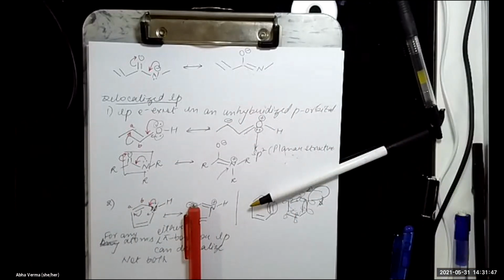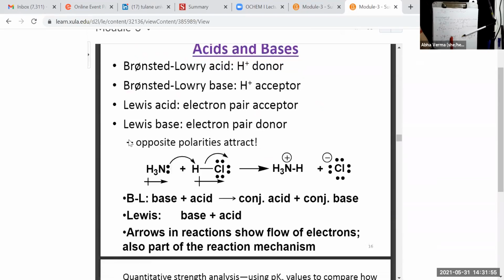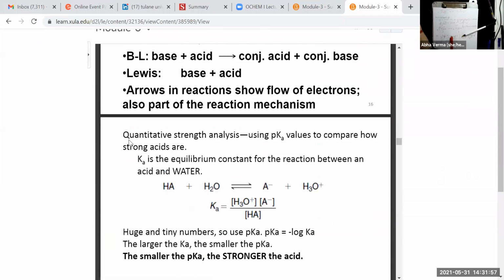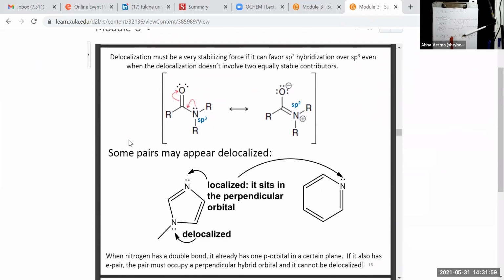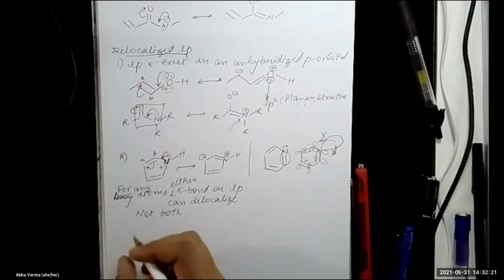Let me see very quickly if I have an example of that. No. Okay, I would want you to look back in your book where you will see how the lone pairs or the p orbitals, only one of them can be available.